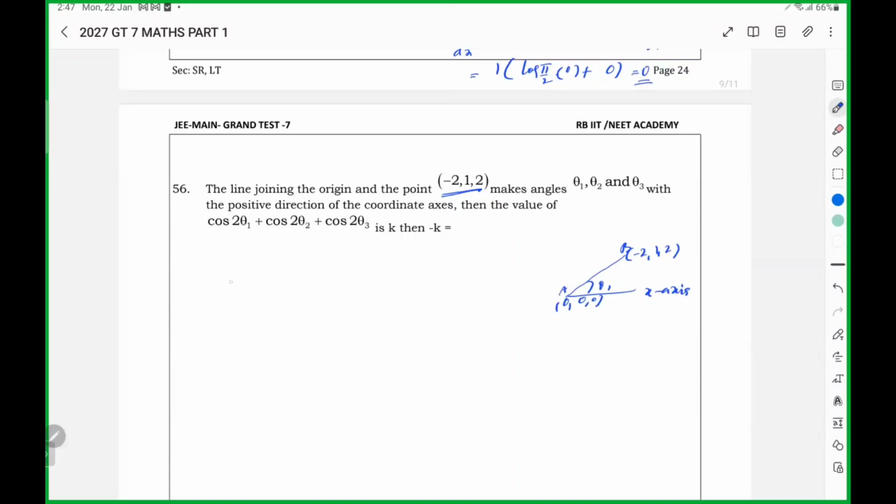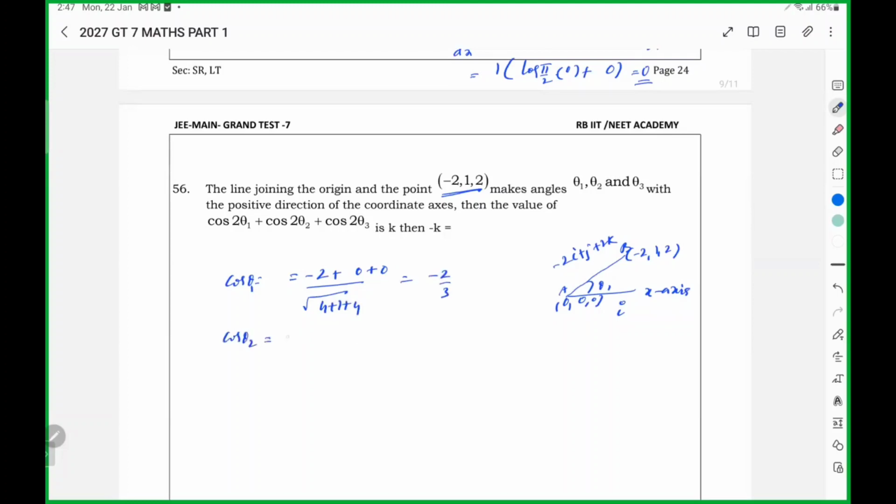So then this line vector, so here it is i, cos theta 1 is minus 2 plus 0 plus 0 by root of 4 plus 1 plus 4.